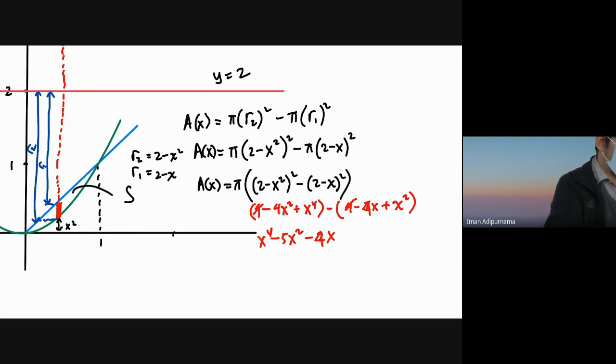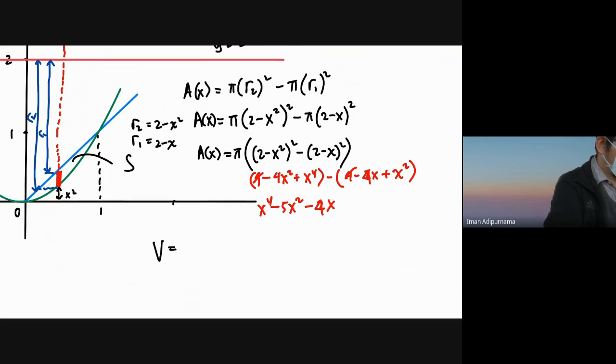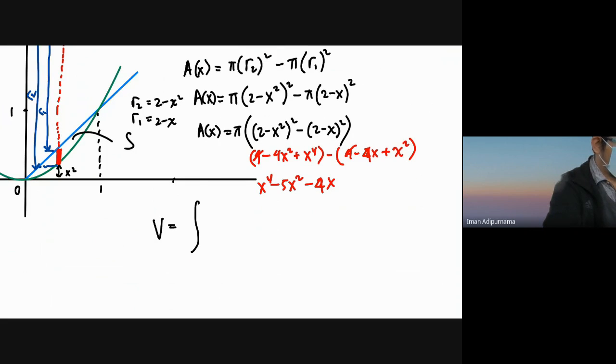Okay. So we have the volume, same construction, from 0 to 1. Let me write the pi outside here and put in x to the power of 4 minus 5x squared plus 4x, and then dx.